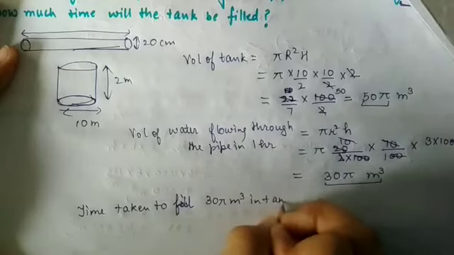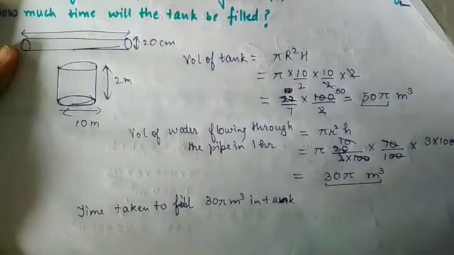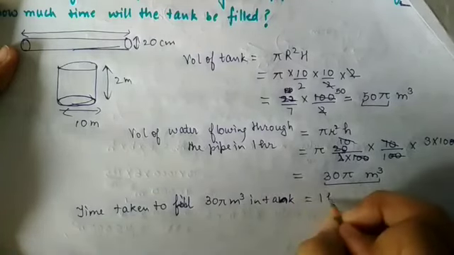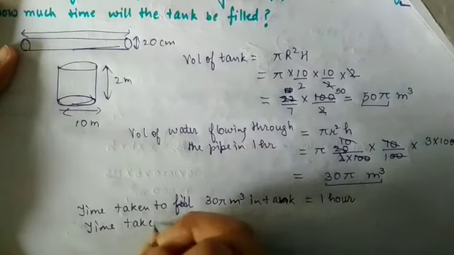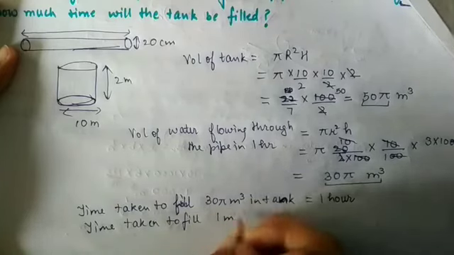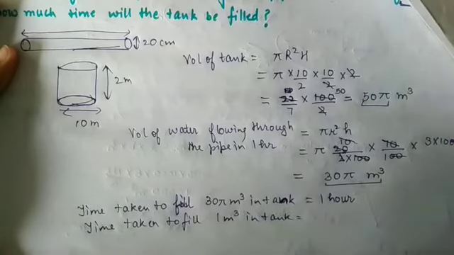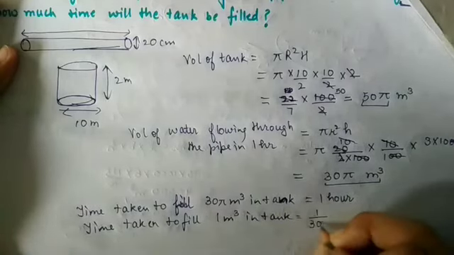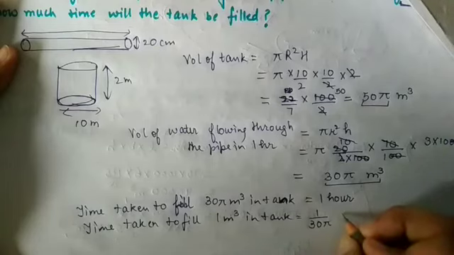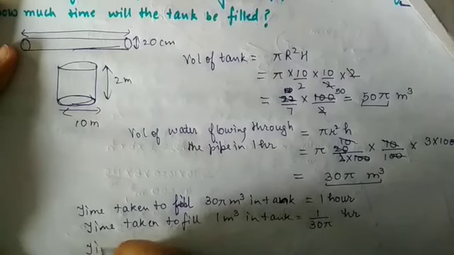So 30 pi meter cube water is filled in the tank in 1 hour. To fill 1 meter cube of water in tank, it would be equal to 1 upon 30 pi hour.